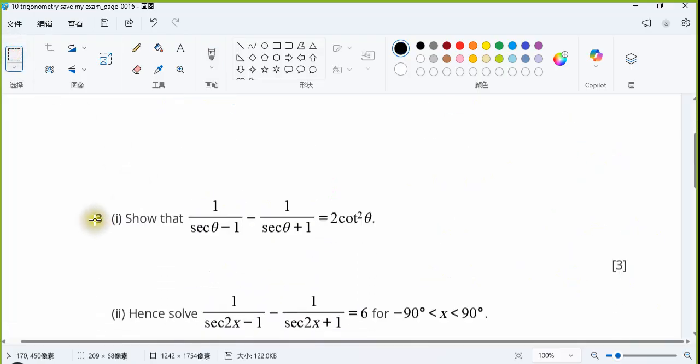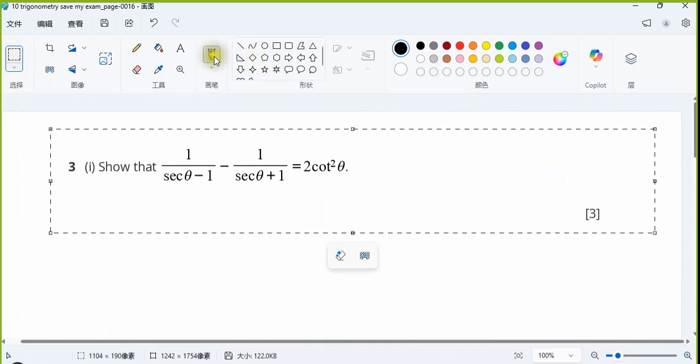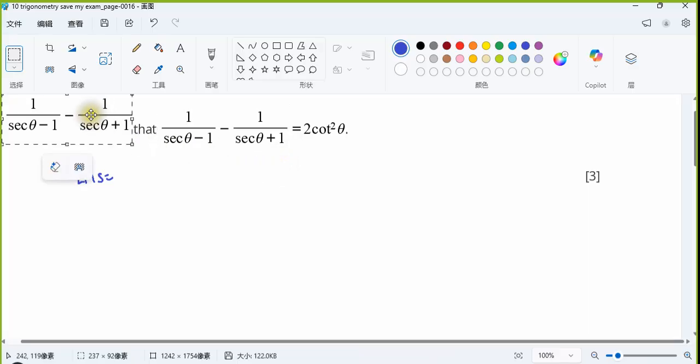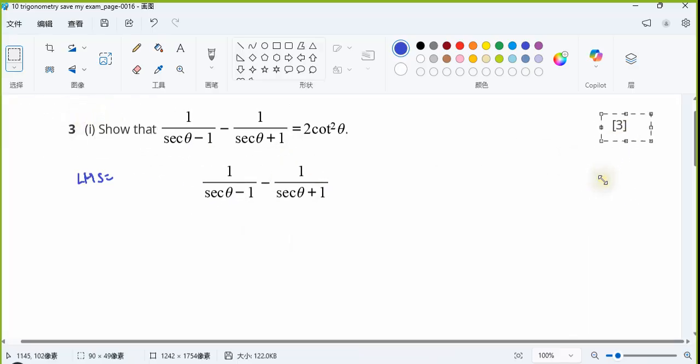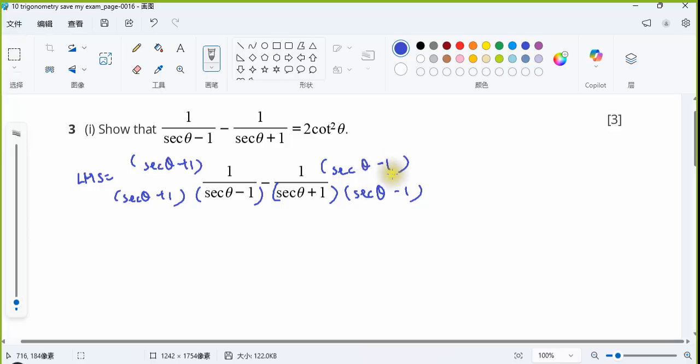Okay, question number 3. Show that this. So the left hand side is this one. And then we multiply with secant theta plus 1, and this one we multiply with secant theta minus 1, and the negative we expand.